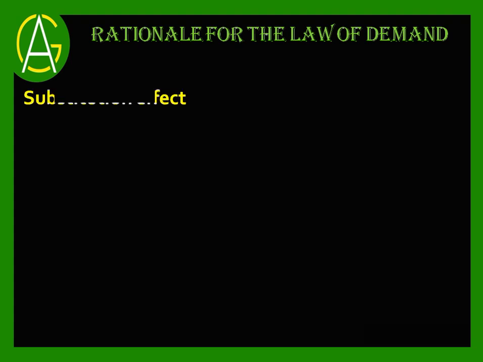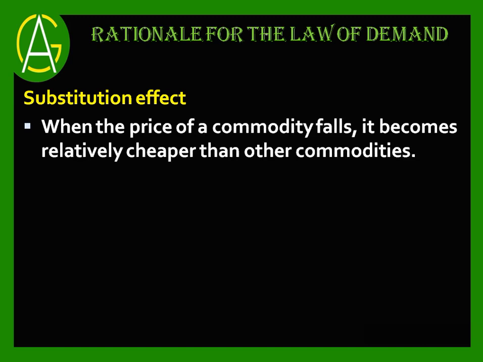Another reason for this law of demand is the substitution effect. Friends, we know what substitution is. Substitution means when two commodities are there and one commodity can be used in place of another, that is called a substitute, or we can say a competitive good. So when the price of a commodity falls, it becomes relatively cheaper than the other commodity.